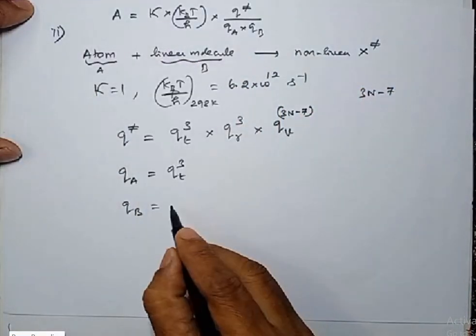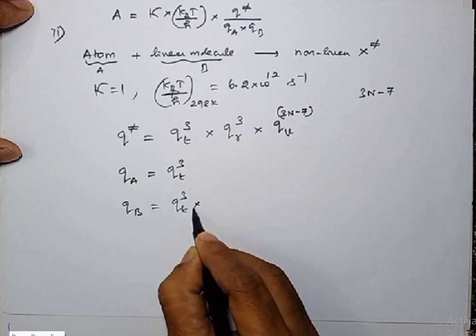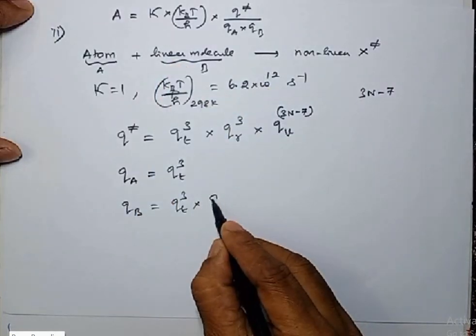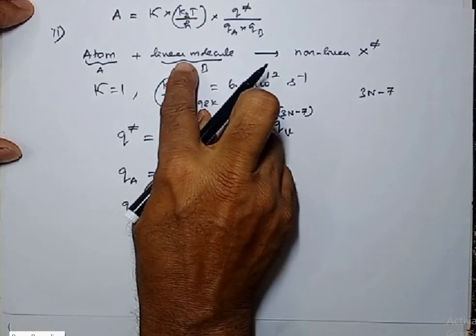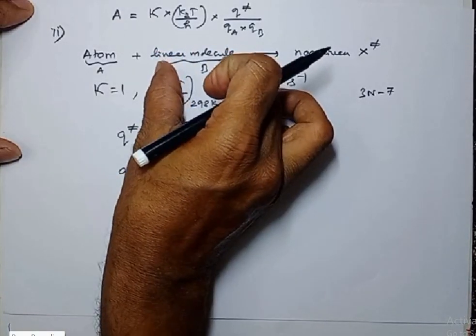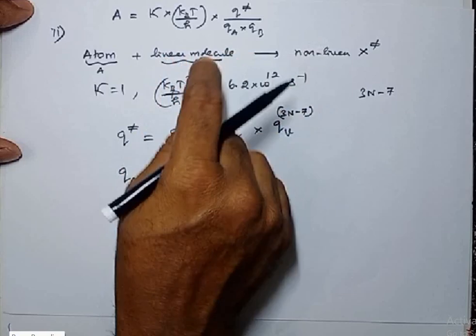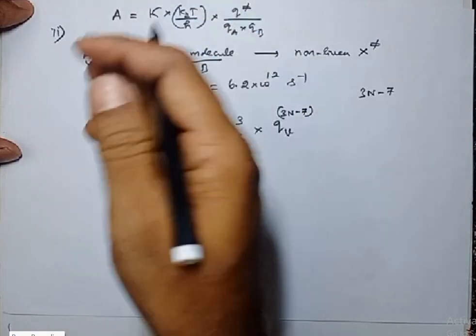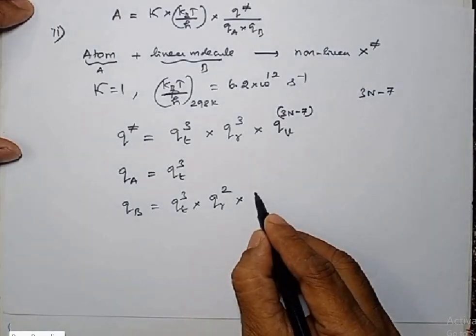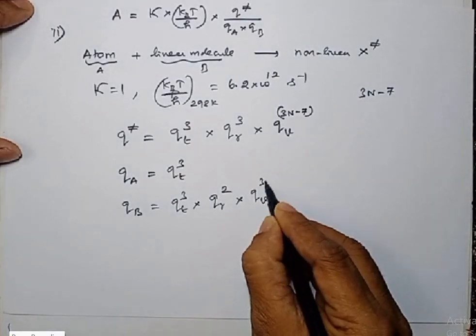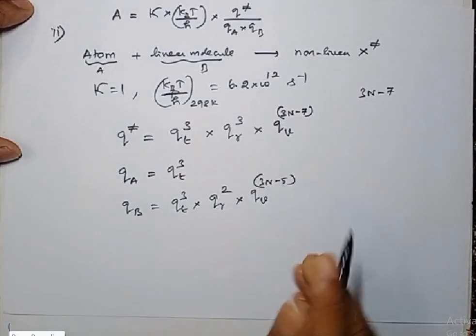For any species, there are 3 translations, and it is linear, so there are 2 rotations possible. This is a normal molecule and it is linear, so how many vibrations? 3n minus 5. So I'll put qV with 3n minus 5 vibrational degrees of freedom.